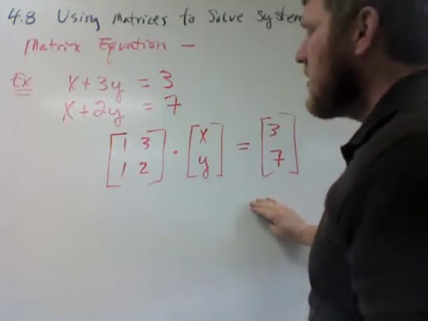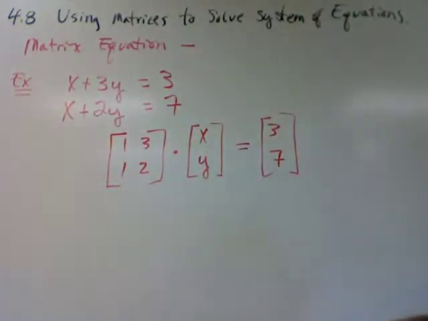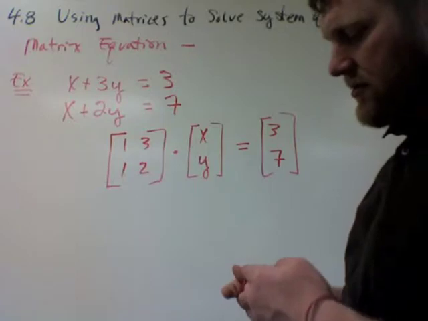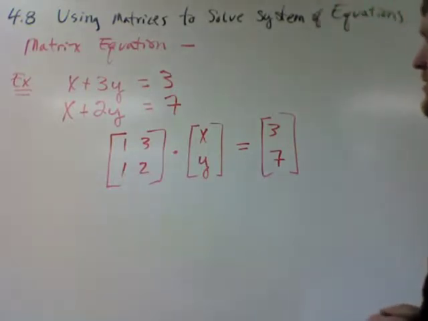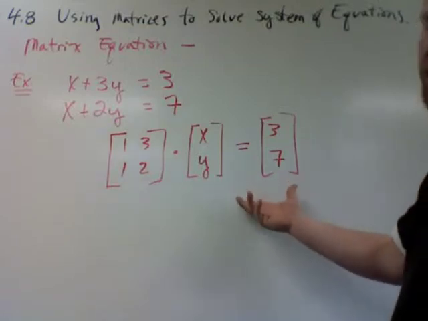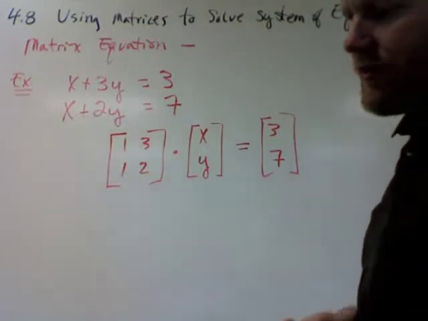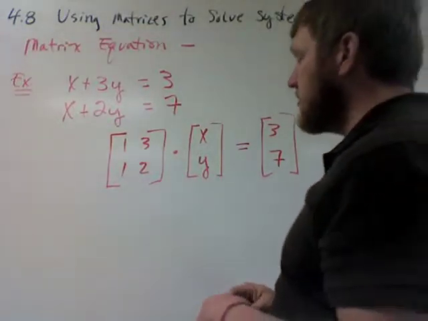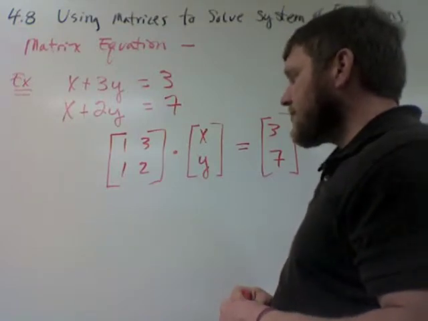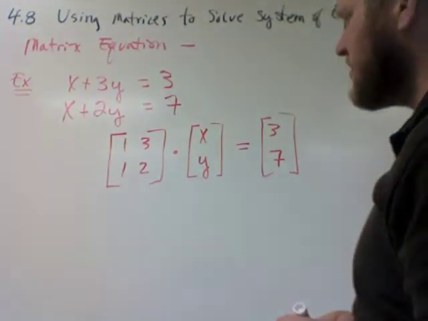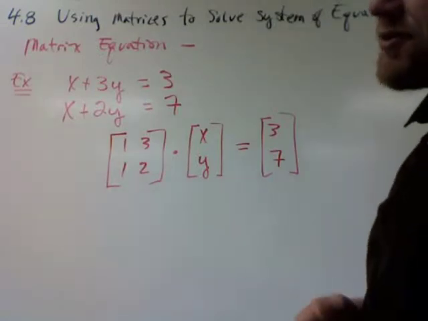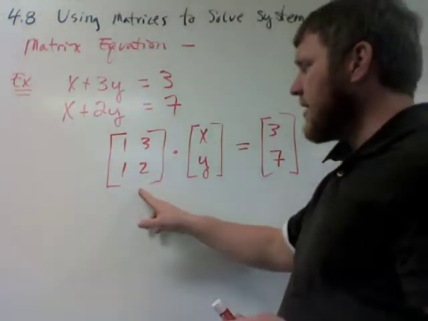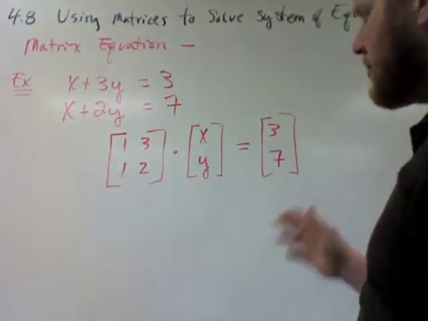Now, Cramer's rule, before, used determinants to evaluate a system of equations. This is just another way of solving a system of equations. So now I need to find the determinant, or find the inverse of the matrix here, and then multiply it by both sides.